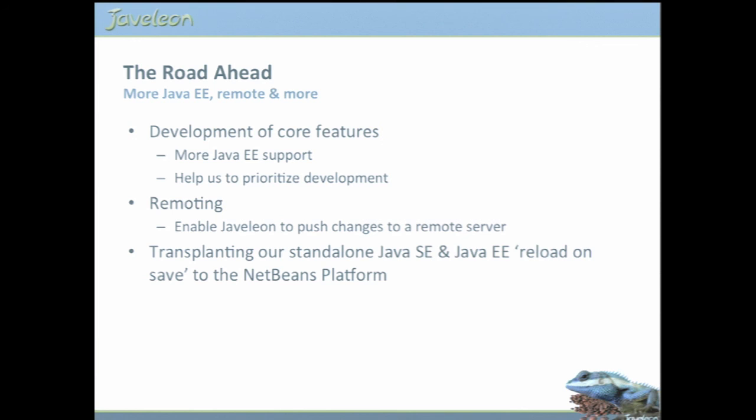It wouldn't be easy to do just on the save and compile of individual files. And this is also the reason why we wouldn't use JRebel, because Javeleon is really aimed at NetBeans platform specific things, like reloading modules, dependencies of modules, and reloading contributions to the file system, and all these artifacts that are specific to the NetBeans platform.